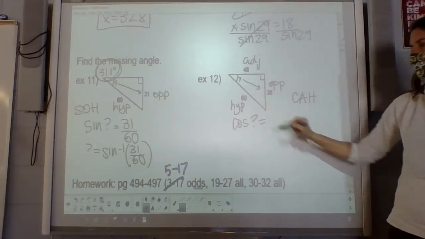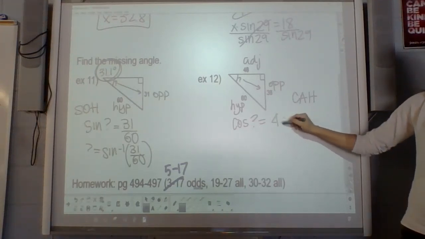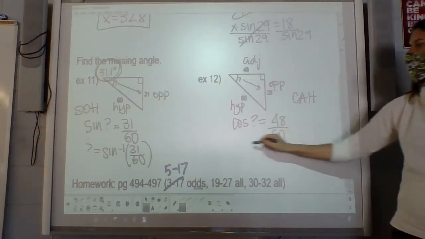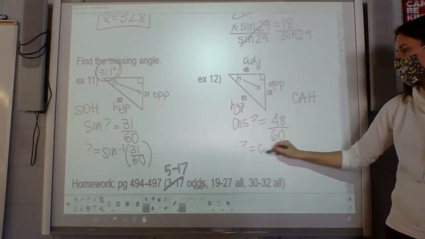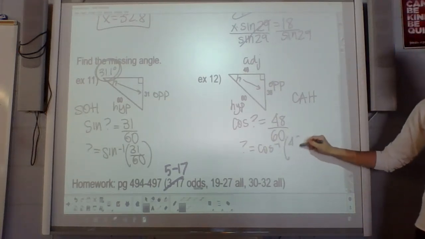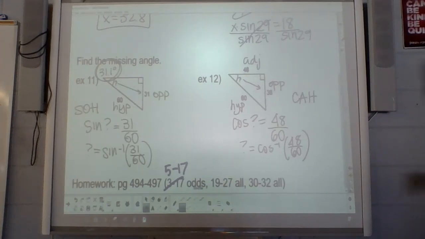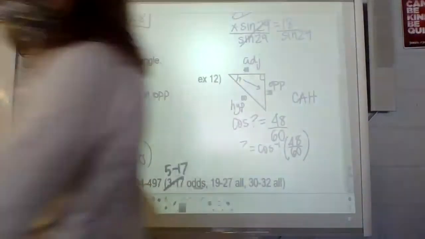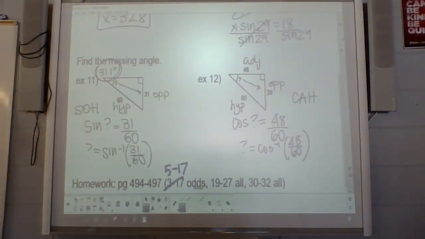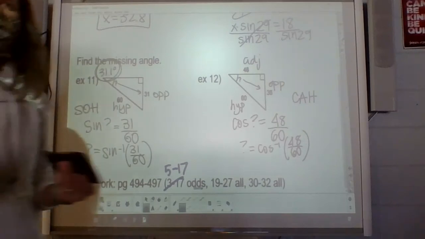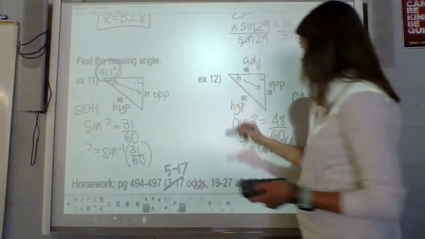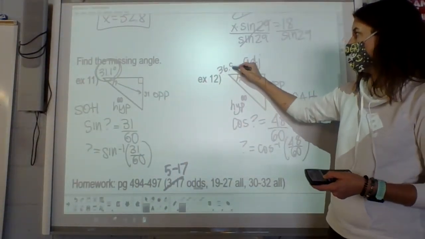So cosine of question mark equals adjacent over hypotenuse. So we're doing the inverse cosine of 48 over 60. So I got like 36.9 for our angle.